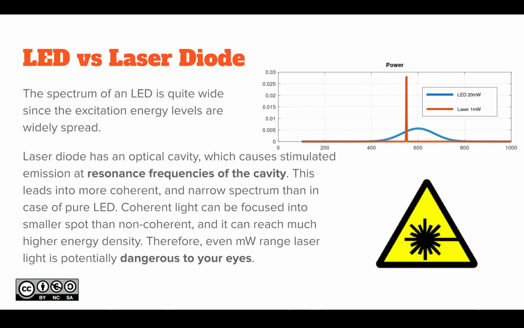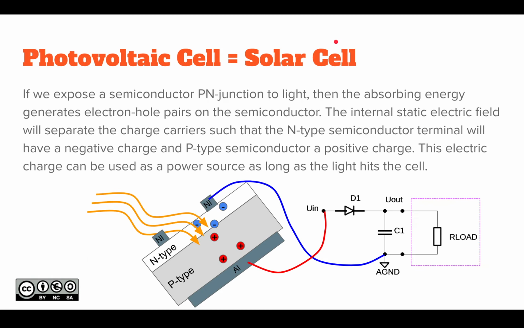Okay, with that warning from an old guy, a couple of other diode things, like what is a solar cell? It's a photovoltaic cell, another name for it, which is just a large area semiconductor PN junction, meaning a diode. When it absorbs the energy of light, it generates electron-hole pairs over a large area.